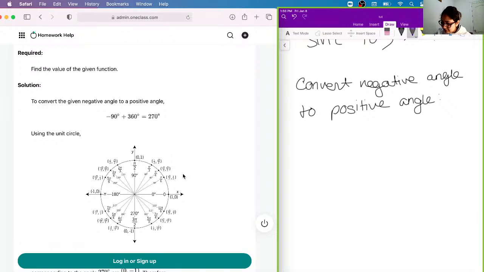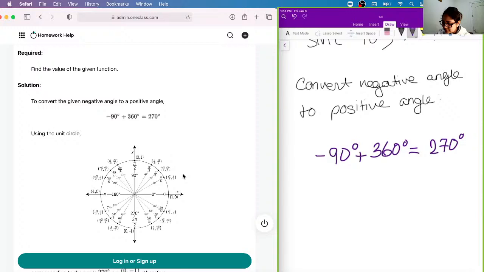So we have negative 90, and we add something greater to get a positive angle within the unit circle. It's always 2 pi, which is also 360 degrees. You would do plus 360 degrees, and you get 270.